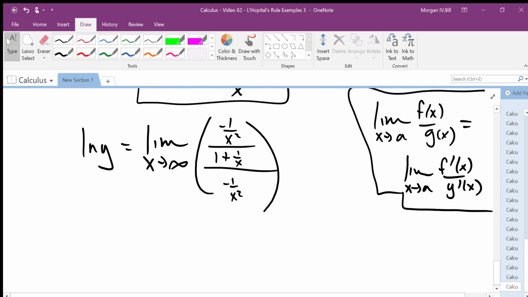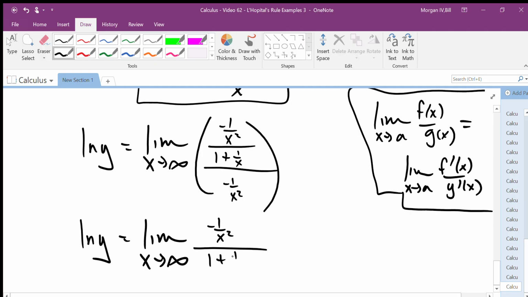Okay, let's see if we can simplify this. We have the natural log of y is equal to the limit as x goes to infinity. I have negative 1 over x squared divided by 1 + 1/x, divided by negative 1 over x squared. So instead, let's write negative 1 over x squared over 1.